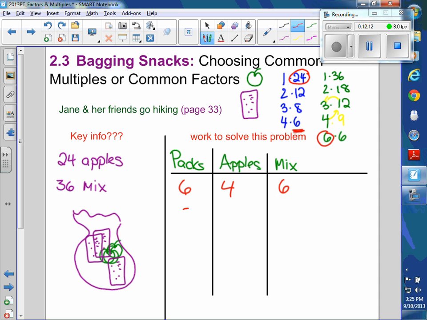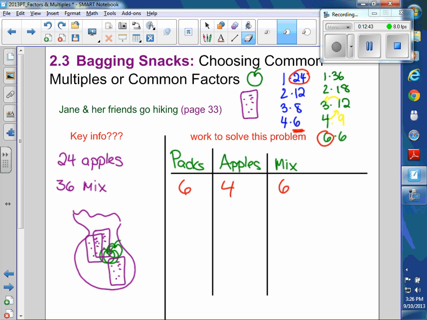Could I have groups of 8 here? Why not, Peter? Well, I could break 24 into 8 equal groups, but I can't with 36. I can't with 36. So I'm really only interested in the common factors.